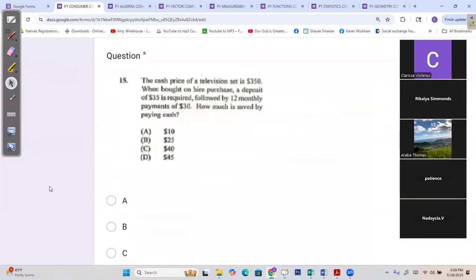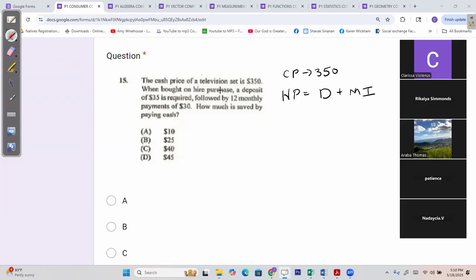All right, let's go. The cash price of a television, so that's the CP. Sometimes it's good to write out certain things to the side so it's easier to remember. So CP, cash price, is 350. When bought on hire purchase, a deposit, and you should know the formula for hire purchase. Hire purchase is equal to the deposit plus monthly installments, right?